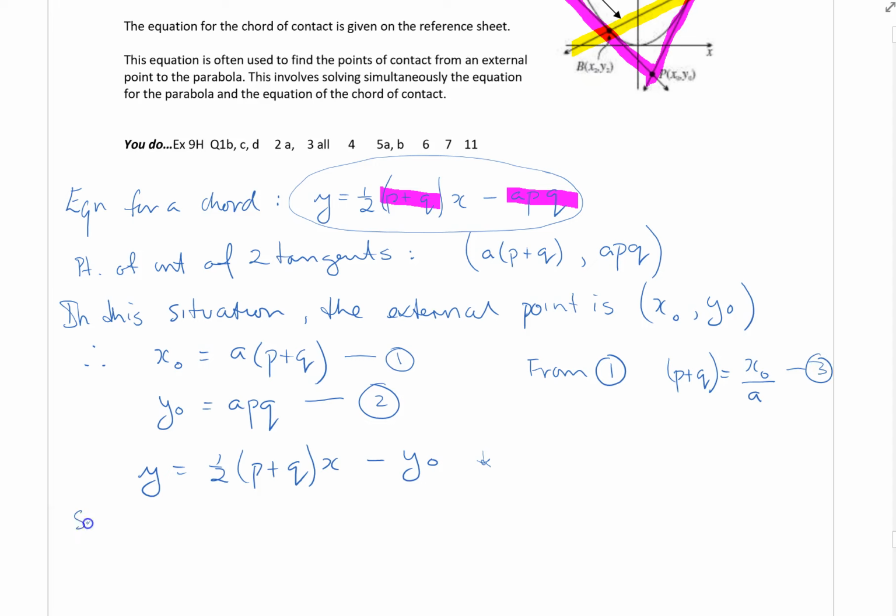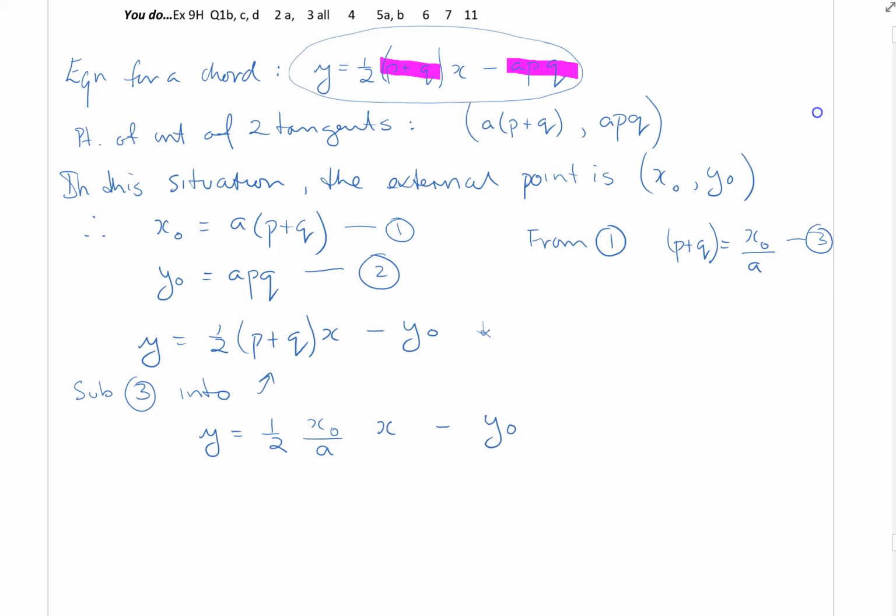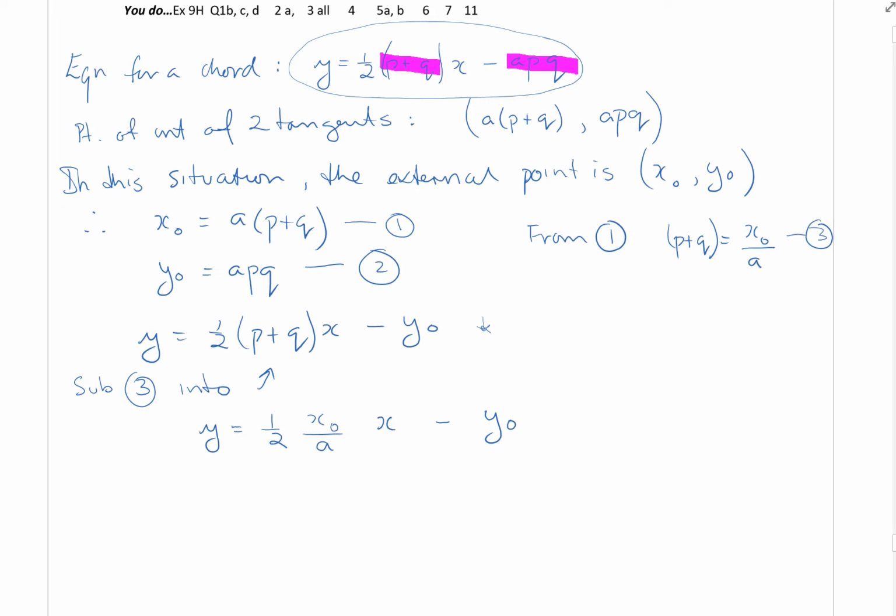I'm now going to sub 3 into this equation and get y is equal to a half, x naught on a, times x, minus y naught. Now, I'm pretty happy because I've got the components of the equation. It's just not quite in the right form.